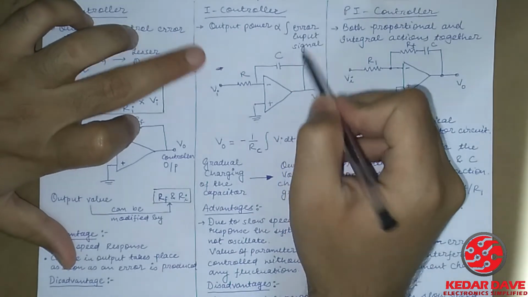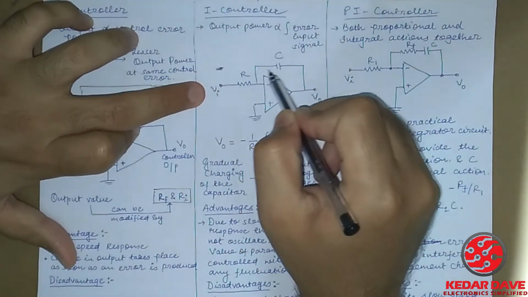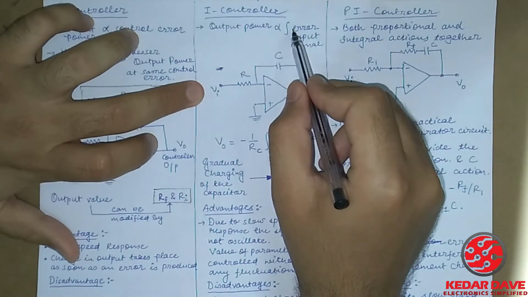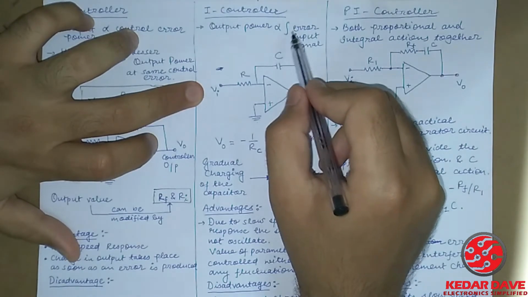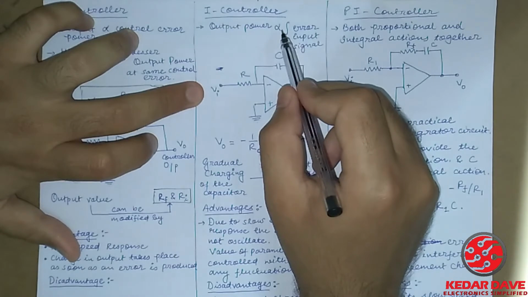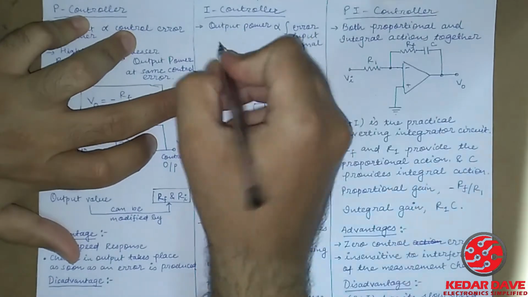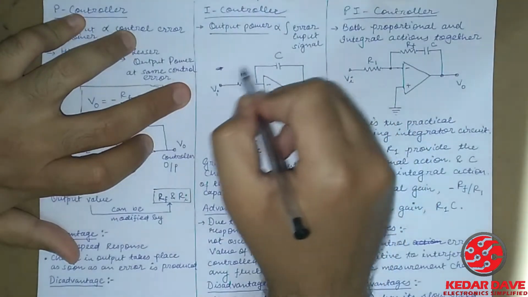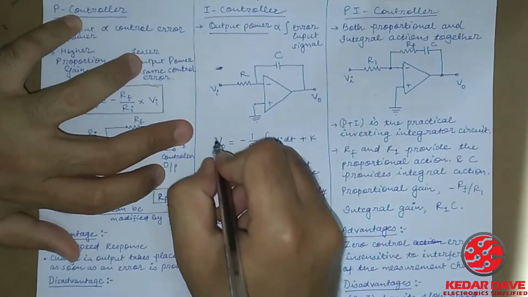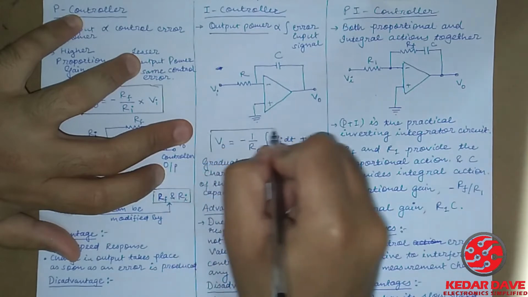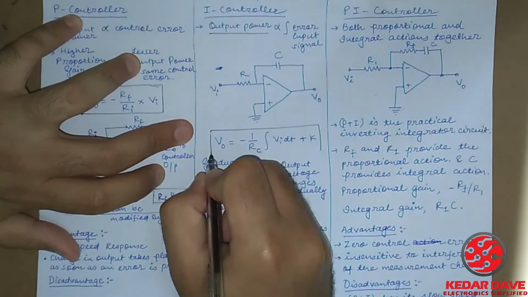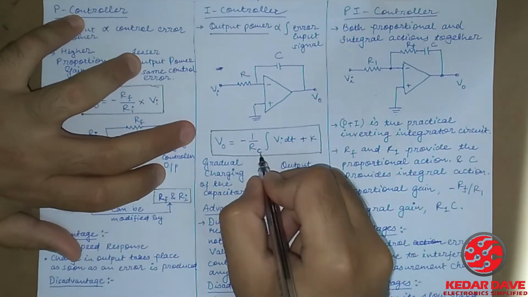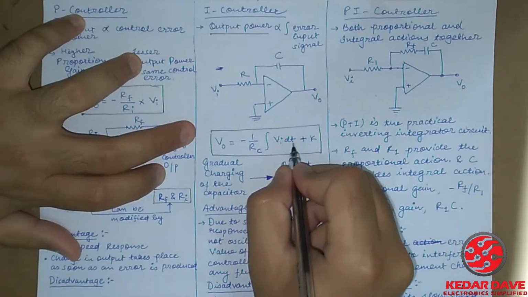Whatever error is generated in this circuit diagram will be integrated, and the value achieved will be directly proportional to the output power. This way the I controller can be designed, and the equation for the I controller is VO is equal to minus 1 by RC integral VI dt plus K.